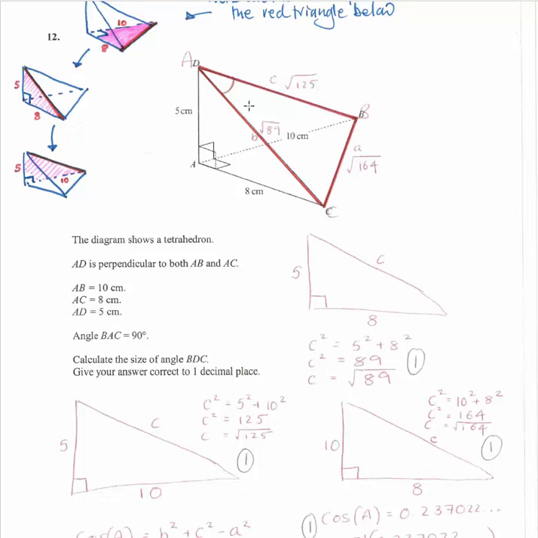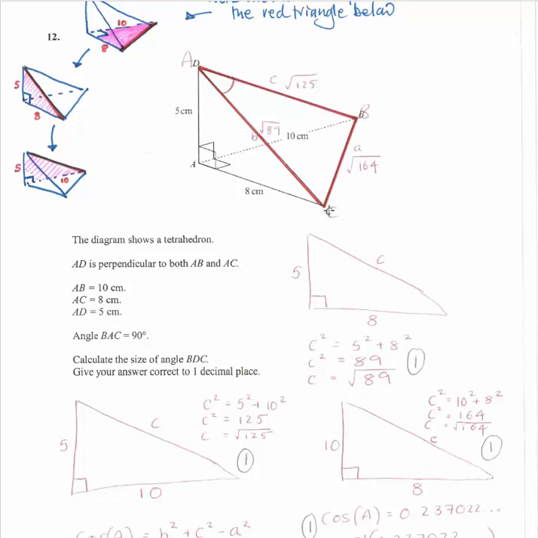And lastly, you've got this length here, which is the longest side of the triangle on this face that we can't see, at the back, that we can only see because we've got x-ray eyes. This triangle that I've shaded, where that is 5 and that is 10. So once again, 5 and 10, you've got 125. So by doing this, you can see that we will have the answer to all three of these sides.